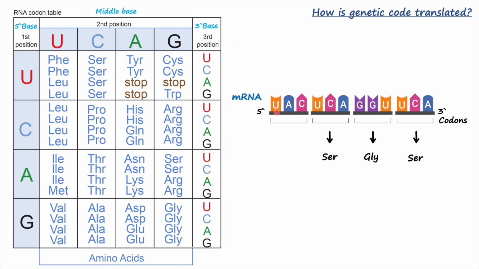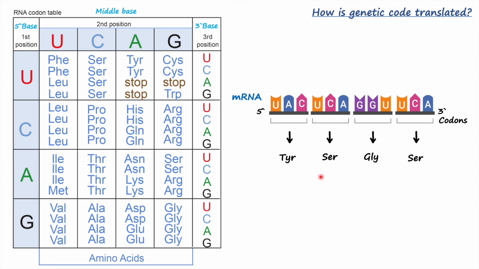And the last one is UAC. Here we have first base U, the middle base is A, and the third base is C. So that is tyrosine. So this is not very difficult, guys. You can take any codon sequence and try to determine the amino acid sequence from there.